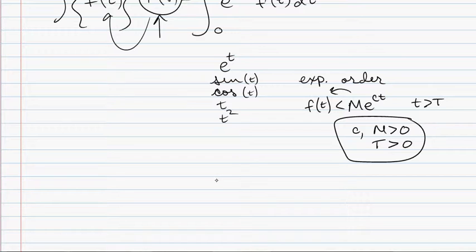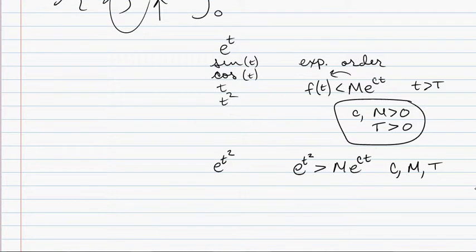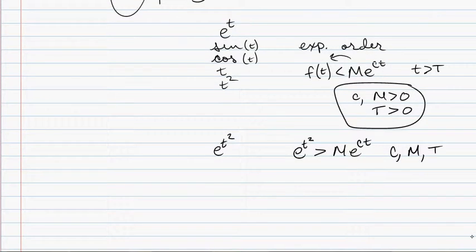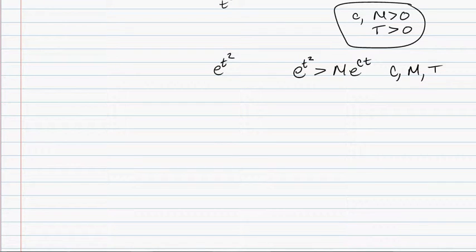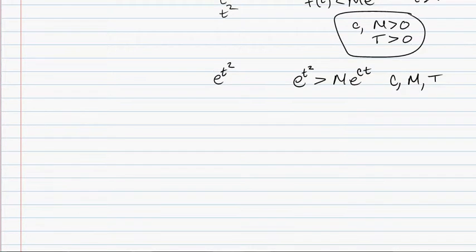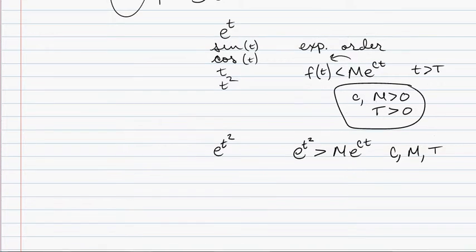So something that's not of exponential order is a function like e to the t squared, because e to the t squared is going to be larger than this for any c, m, or T. Okay, so with that in mind, now we know what kind of functions we can use this on.